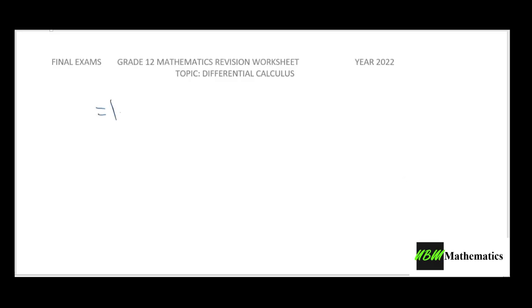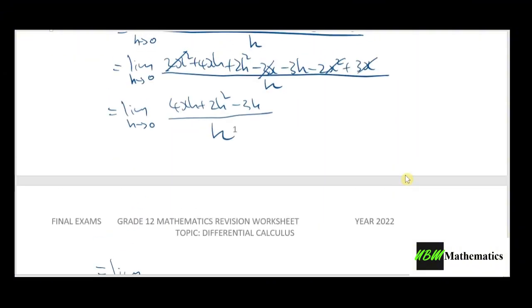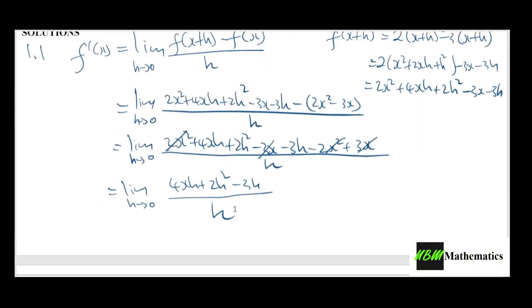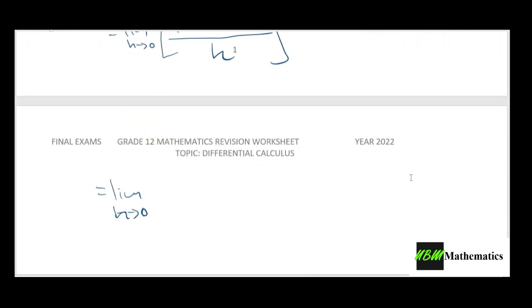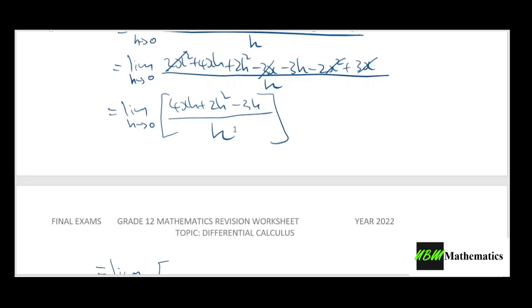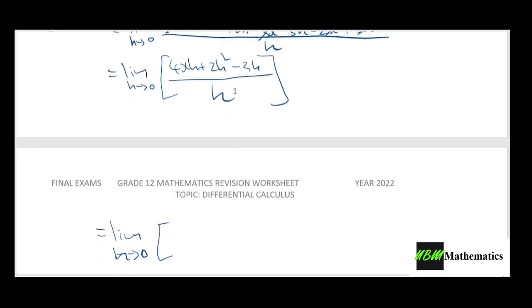Then this will be equal to the limit as h approaches 0. Now, on our fraction here, we have 4xh plus 2h squared minus 3h all divided by h, which can be simplified as what? 4xh divided by h plus 2h squared divided by h minus 3h divided by h.